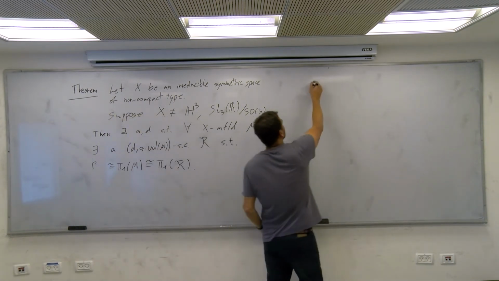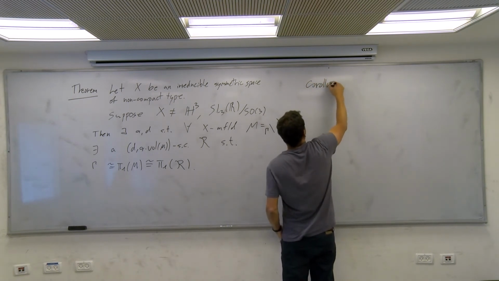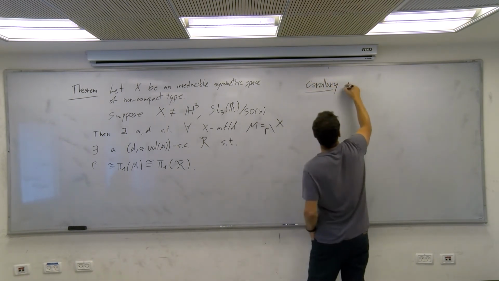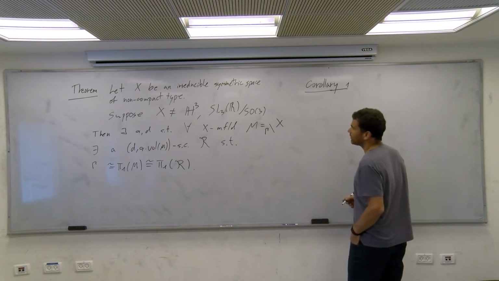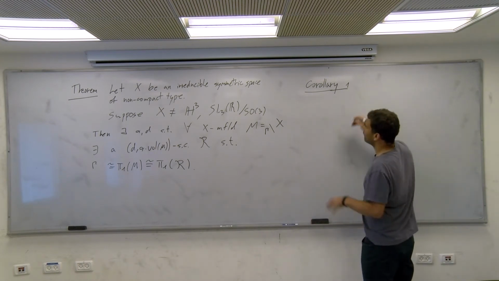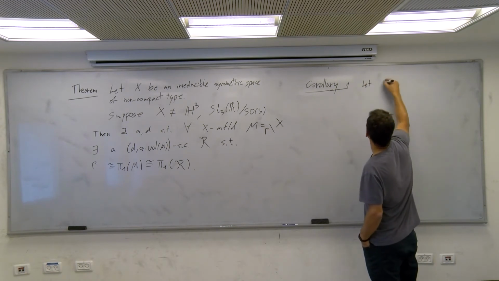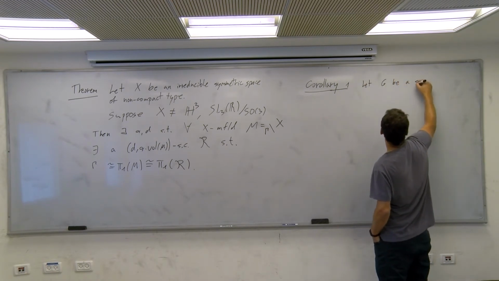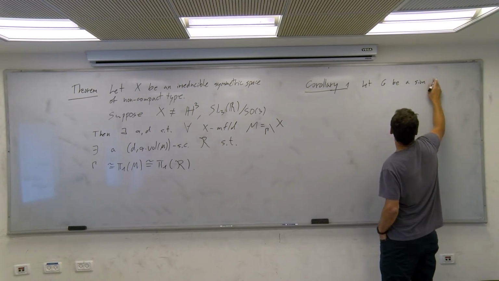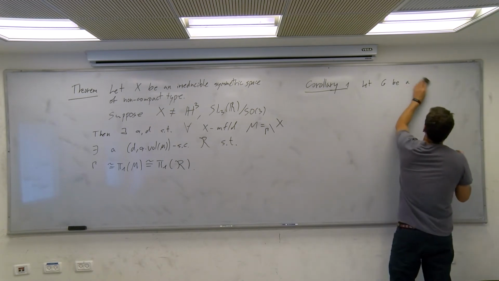So corollary 1 is the following. Again, I'm a bit informal. Let G be a non-compact simple Lie group.